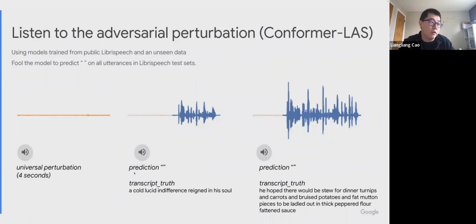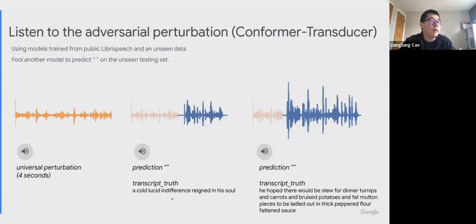Our model predicts empty. Then we apply it to another audio. He hoped there would be stew for dinner, turnips and carrots and bruised potatoes and fat mutton pieces to be ladled out in thick, peppered, flour-fattened sauce. Again, the model is fooled by the 4-second magic audio, and the overall prediction is empty again.